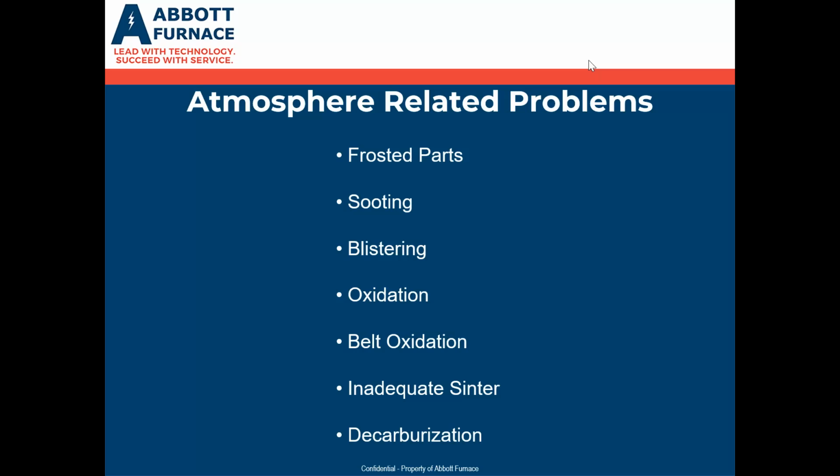We could have parts that are failing a physical test, like a crush test or a break test, or low hardness. They could be related to inadequate sintering. And then decarburization is where there's oxygen present in the atmosphere somewhere that's removing the carbon from the product and making the part soft due to the carbon removal.